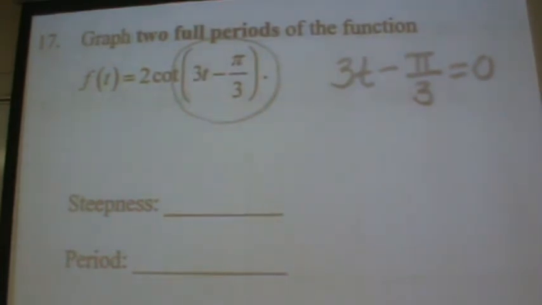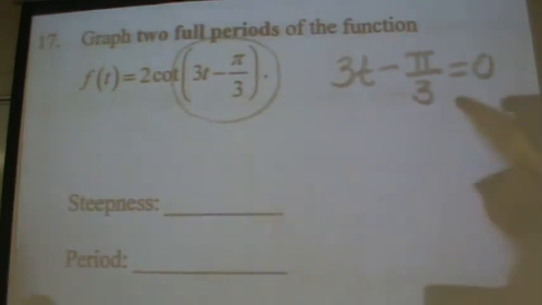What if it said tangent? What would you set that equal to then? Pi over 2, because that's where the first asymptote is for tangent. So we're going to find where our first asymptote is.